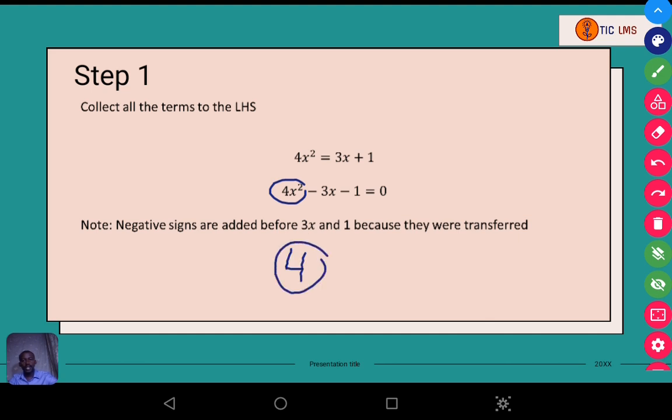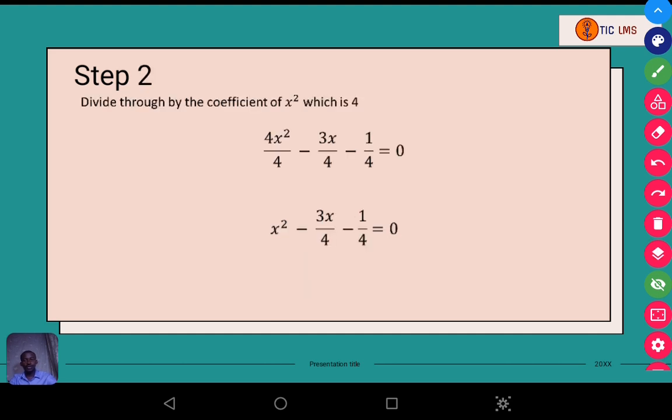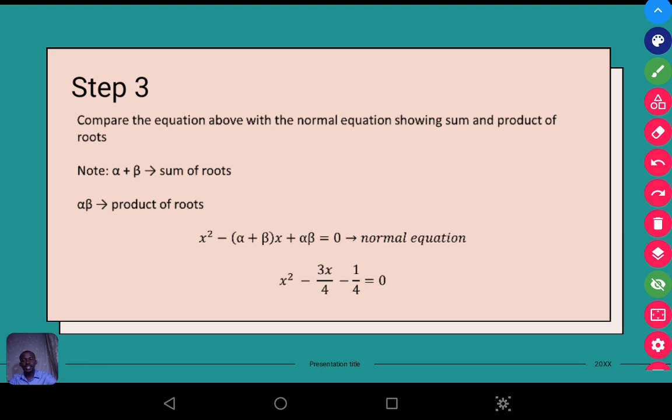We must ensure that the coefficient of that x squared is 1, and in order to do that, we divide by that number, which is 4. But you are going to divide all through the entire equation. So when we divide all through by 4, we're going to have x squared minus 3x over 4 minus 1 over 4.